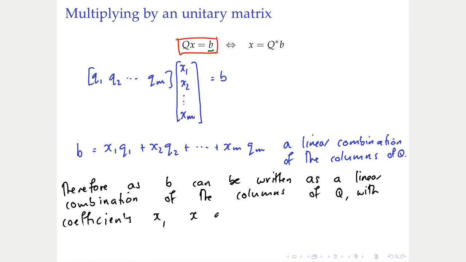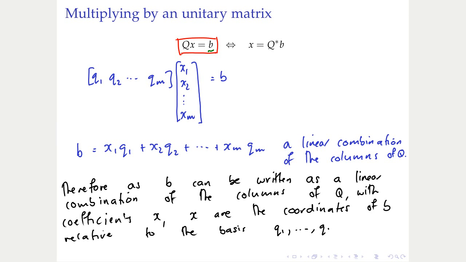The x are the coordinates of b relative to the basis Q1 through to Qm.